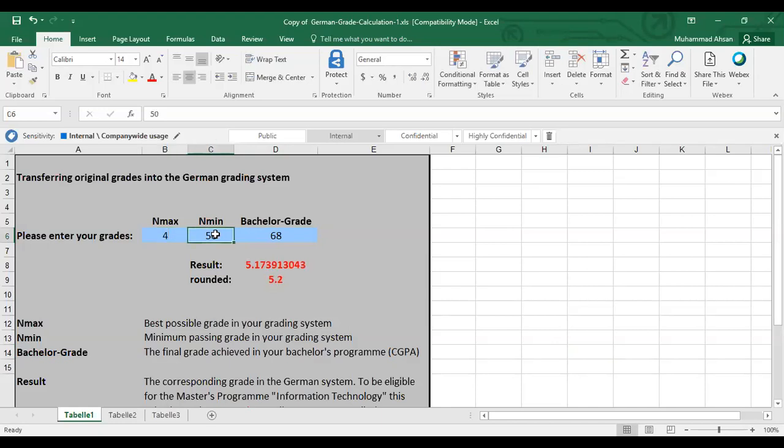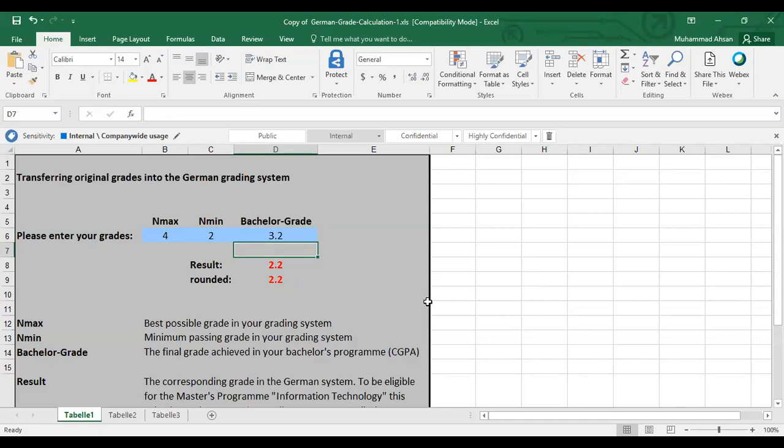The minimum is usually 2, and let's say that I have acquired 2.8, and 2.8 in the foreign grading system is also equivalent to 2.8 in the German grading system. So let's make it 3.2 and see what it is. 3.2 on a scale of 4, when you convert it into the German grading system, is 2.2.